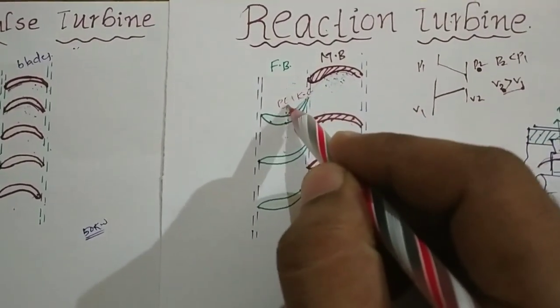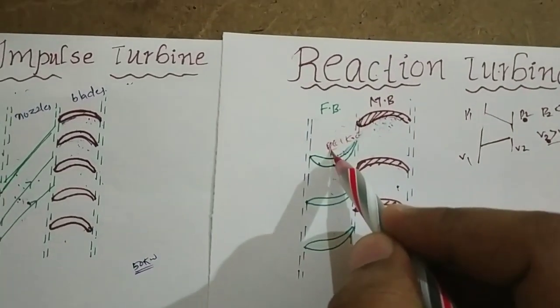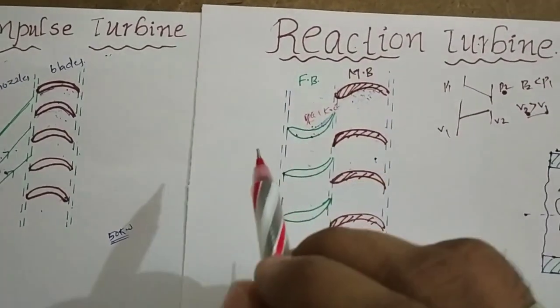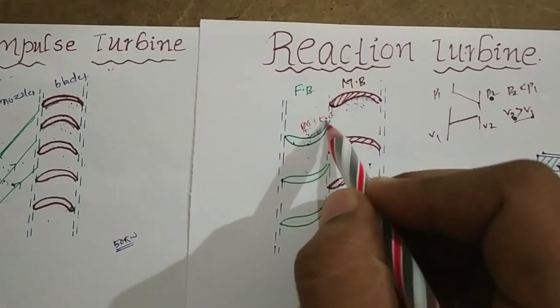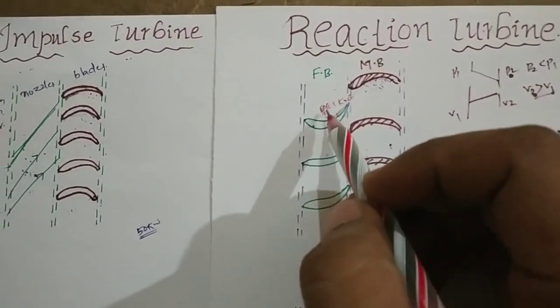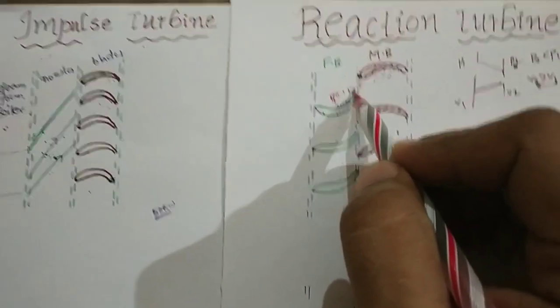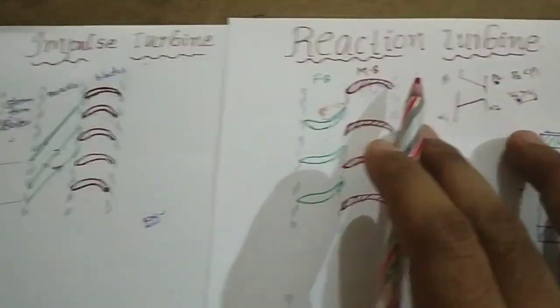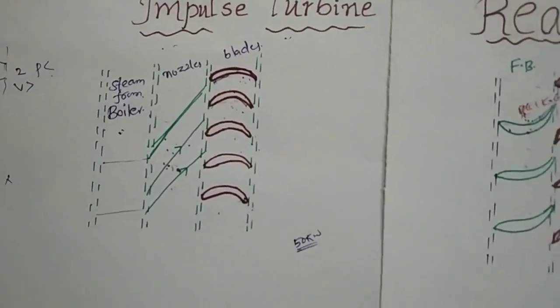Here both pressure energy and kinetic energy, because here the pressure is not completely decreasing, only partial pressure is decreasing. Therefore it has some pressure energy, and the kinetic energy, you know, in the nozzle the kinetic energy will be there. Because of the pressure energy and kinetic energy, the reaction turbine works. Here the steam strikes the blades only with the kinetic energy.